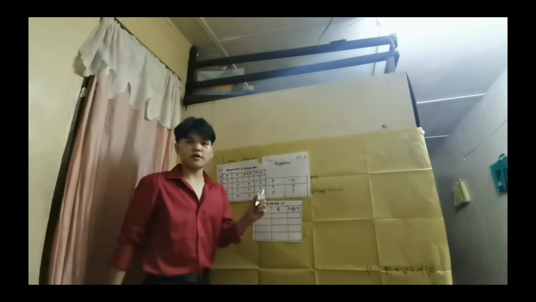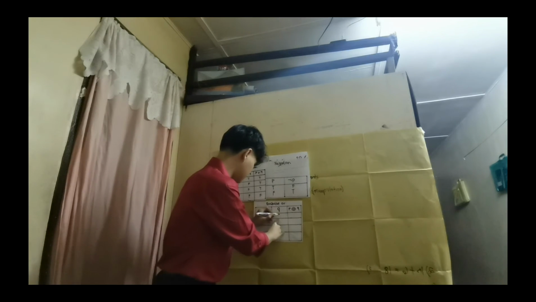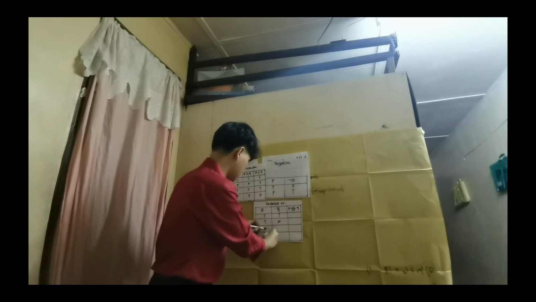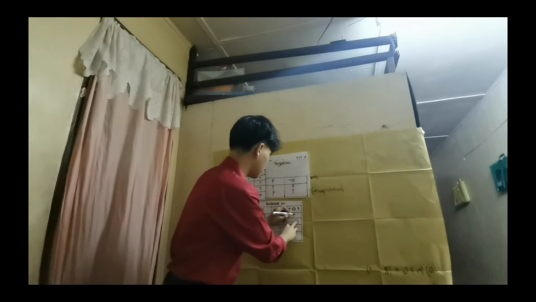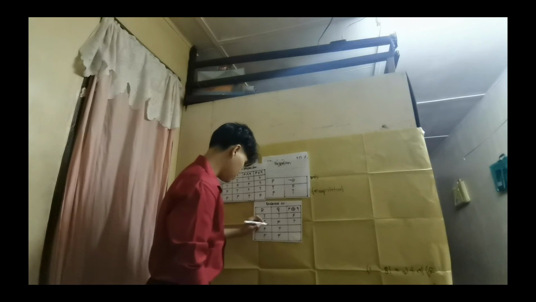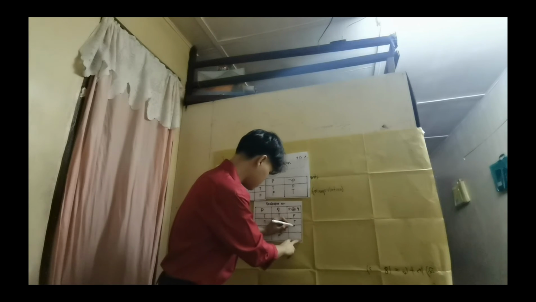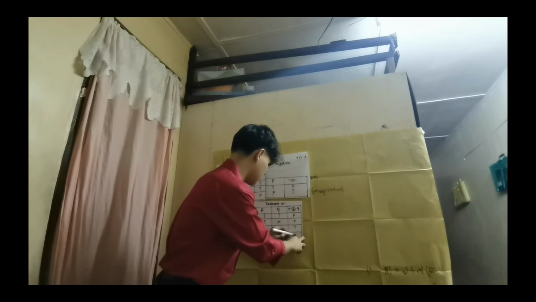Now I write all possible combinations of values for the elementary propositions: true true, true false, false true, false false. And the answer for true, true is false. True, false is true. False, true is true. And false, false is false.